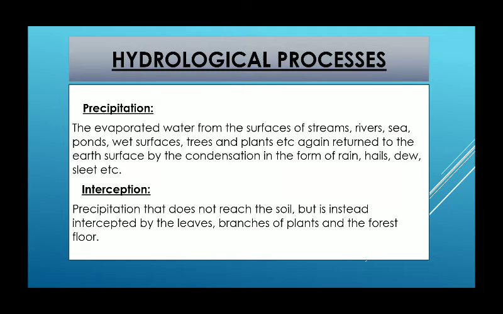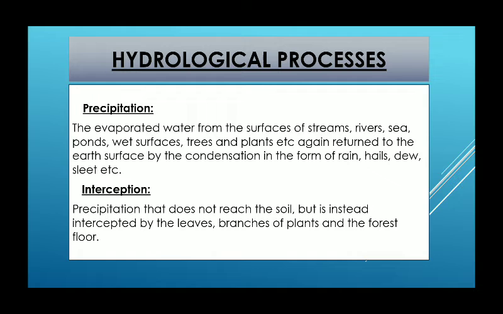The intercepted water is then evaporated back into the atmosphere at rates determined by prevailing meteorological conditions and the nature of the vegetation. In humid temperate areas, evaporation of intercepted water can be an important component of the water balance.